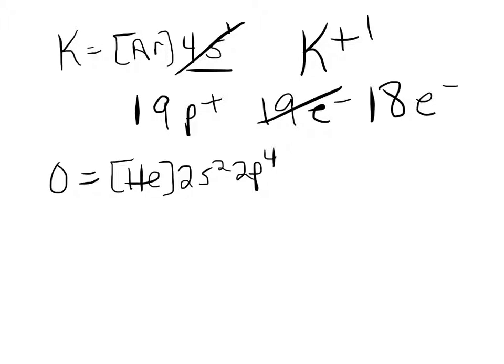Oxygen is closer to an octet, and so it really doesn't want to lose electrons. You'd have to take off all 6 of these second-level electrons. It would be much easier to gain 2 electrons, and so oxygen is going to take in 2 more electrons in the p orbital.